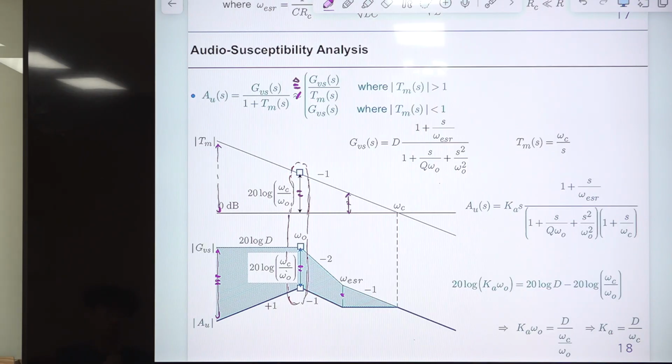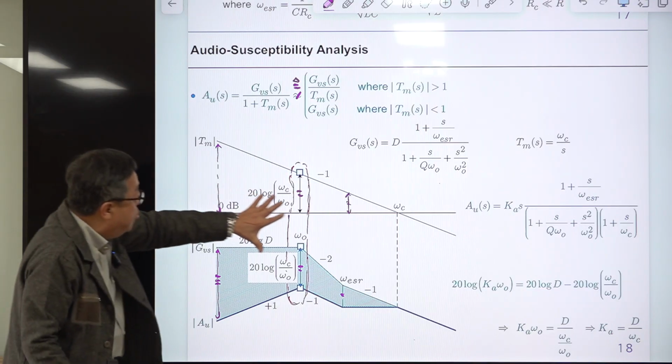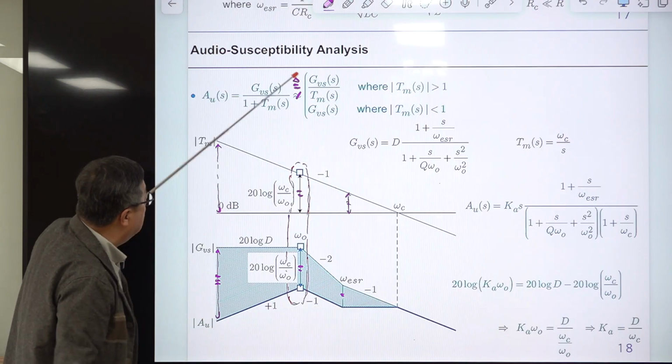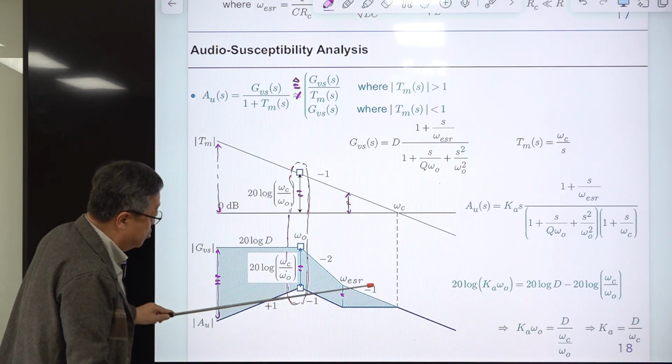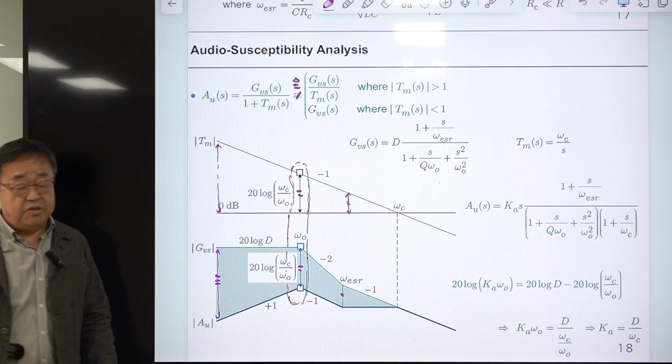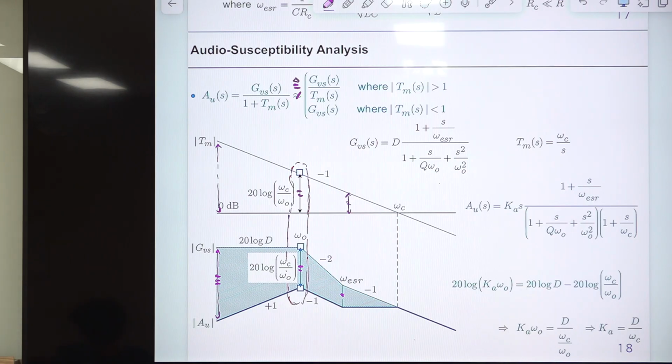How about slope? If they have the same slope, the resulting asymptotic plot of this function is just a horizontal line. That is obvious, because this slope is -1, so you are subtracting -1 from -1. So the slope is 0.